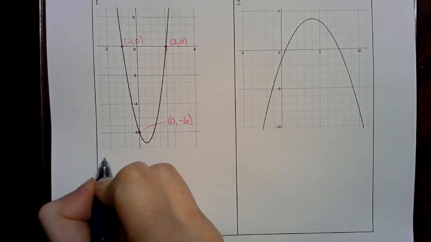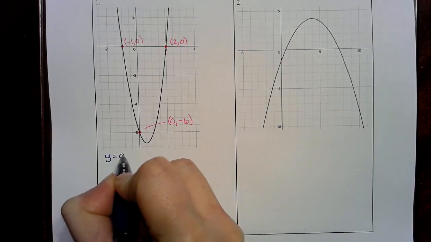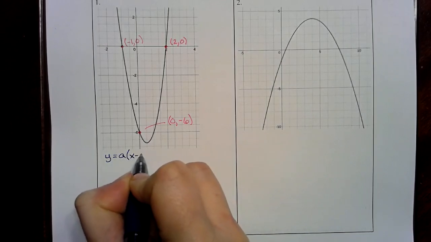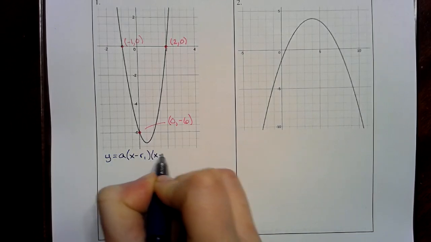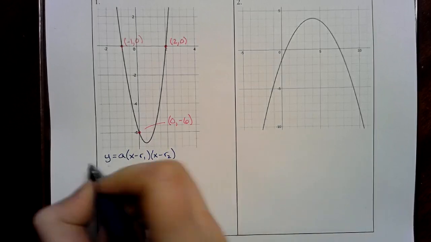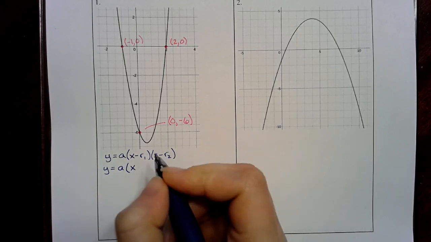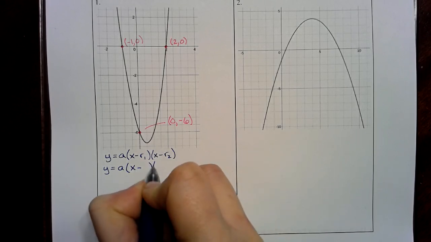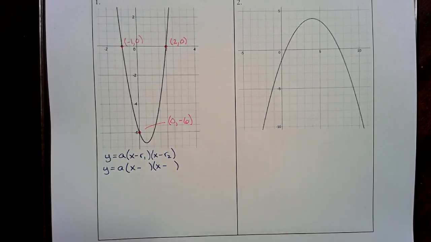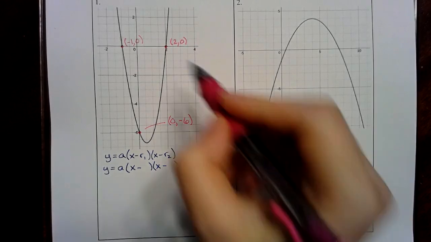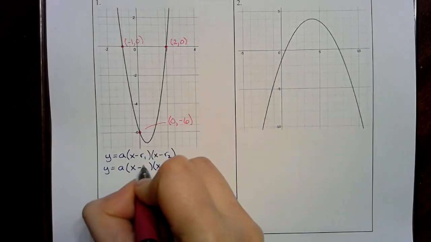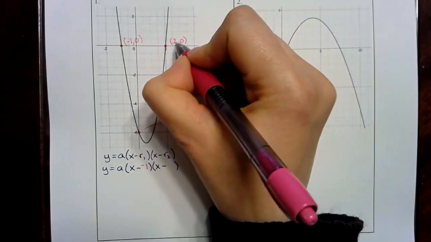I'm going to start with my general form. So in this case, I'll get x minus something else, and our 2 points are -1 and +2.